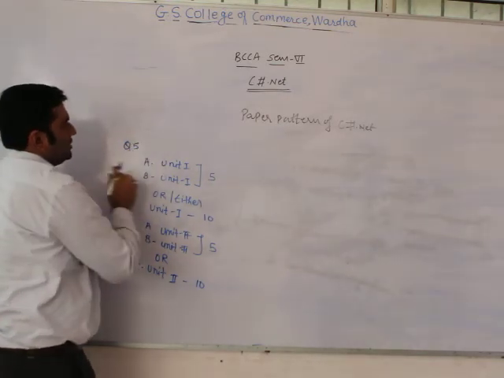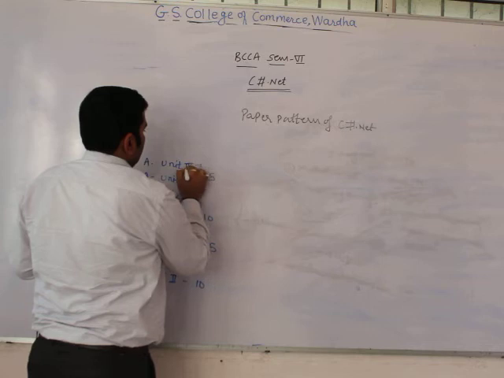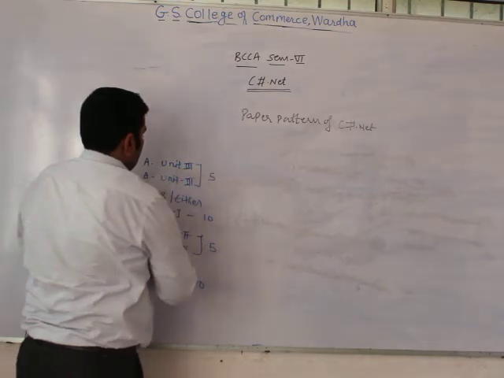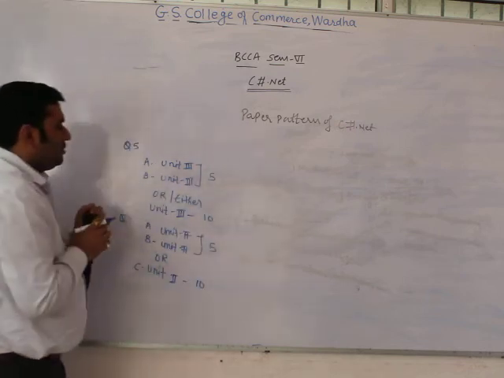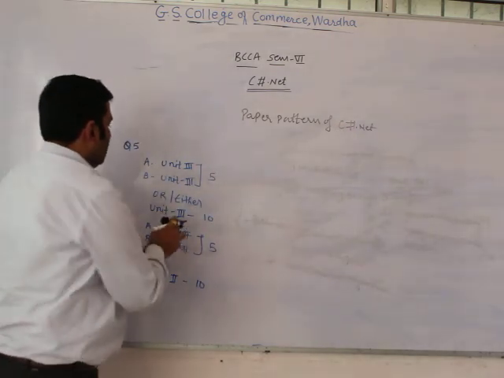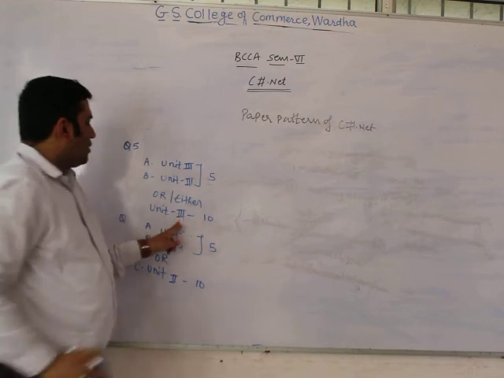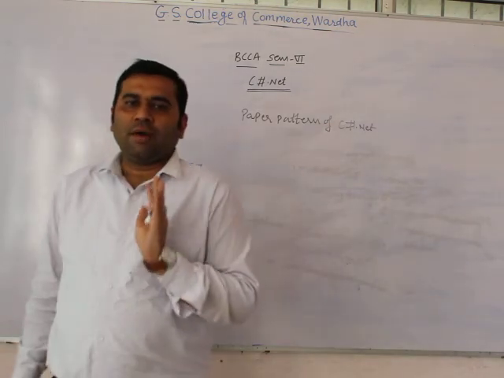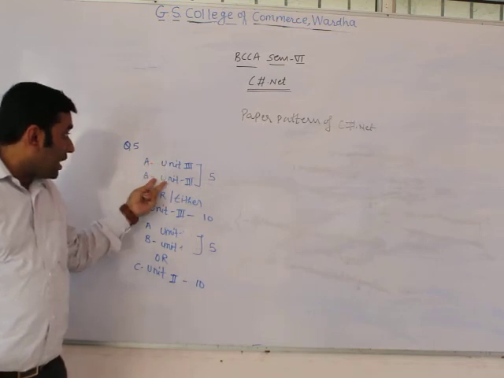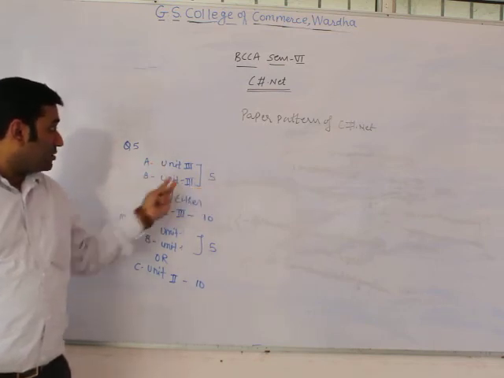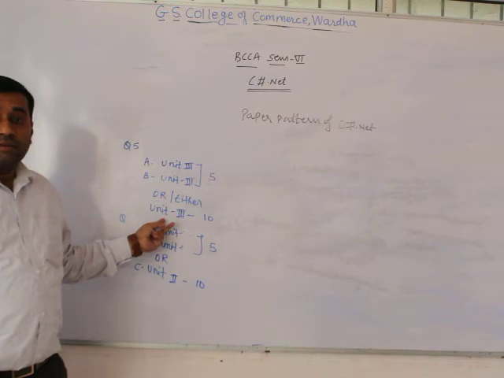The fifth question is asking from unit 3. Either you attend the A or B 5-mark questions, or you attend the 10-mark question.